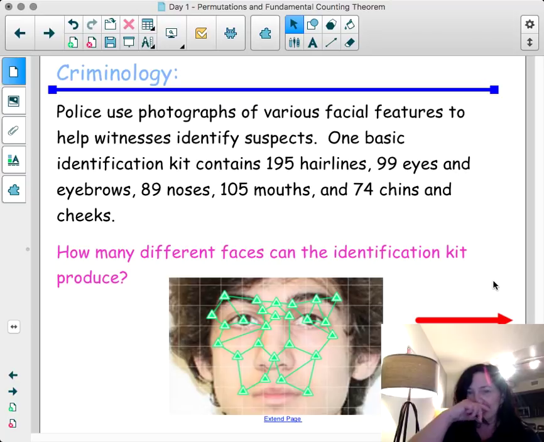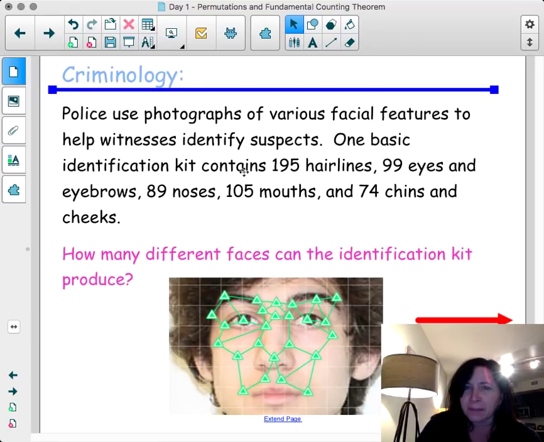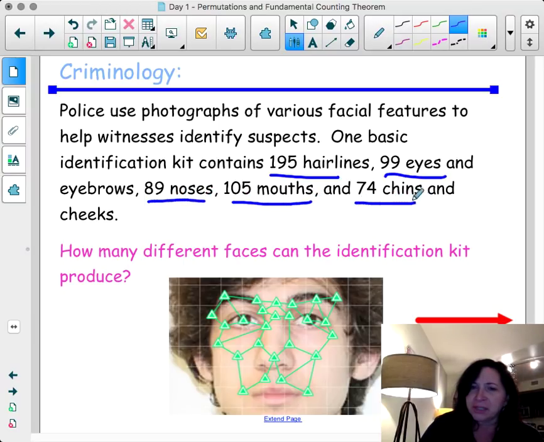So this is even used in criminology. Police use photographs of different facial features to help witnesses identify suspects. So one basic identification kit contains 195 hairlines, 99 eyes and eyebrows, 89 noses, 105 mouths, and 74 chins and cheeks.